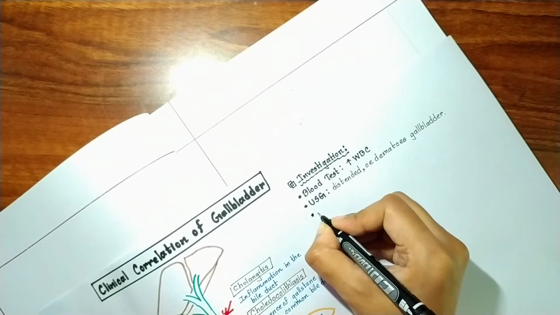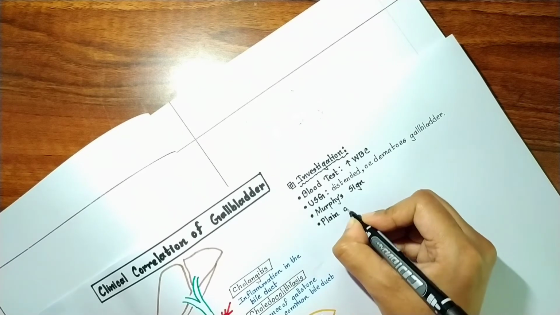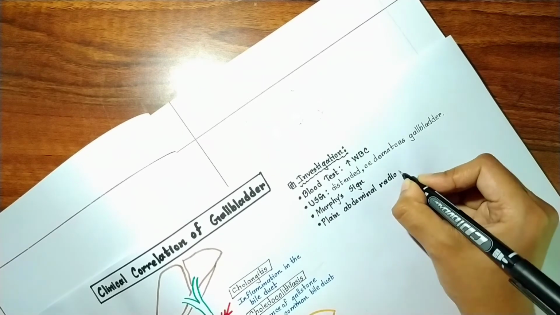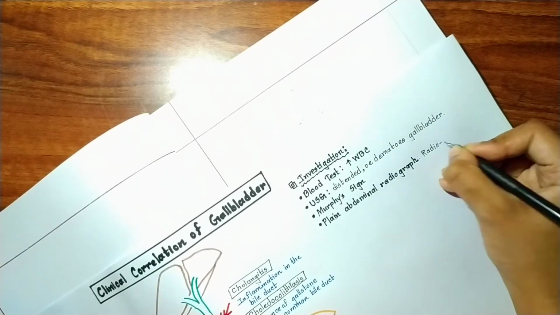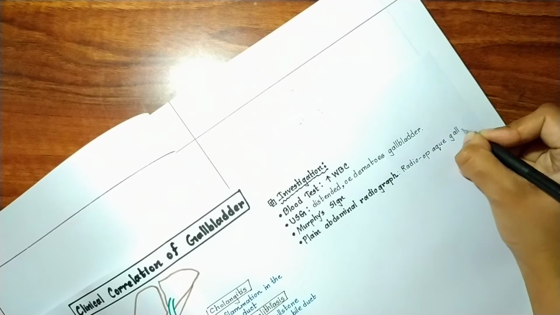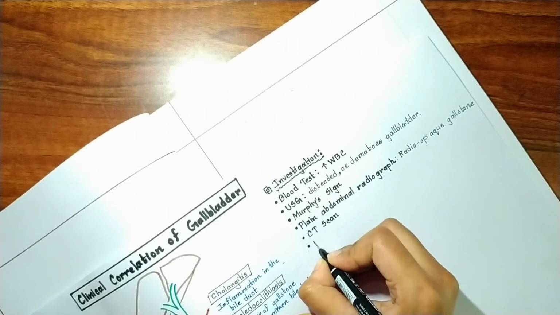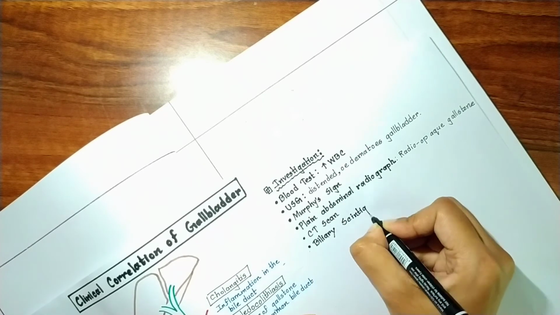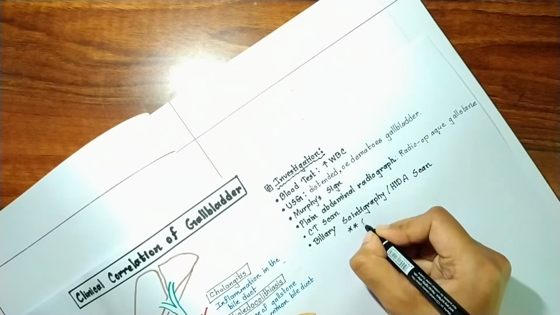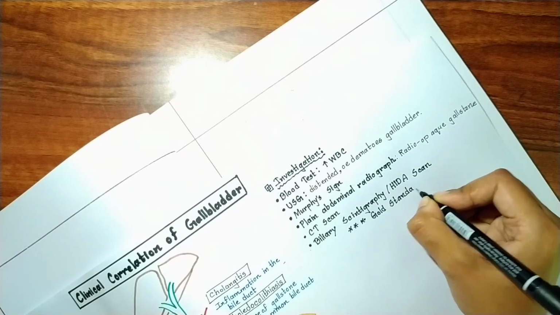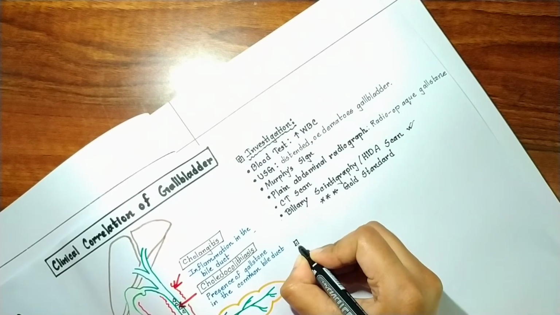Plain abdominal radiographs may show radio-opaque gallstone in about 10% of cases of acute cholecystitis and gas within the gallbladder wall in emphysematous cholecystitis. CT scan, biliary scintigraphy, hydroxyiminodiacetic acid (HIDA) scan, which is the gold standard investigation when diagnosis remains in doubt after ultrasound scanning.